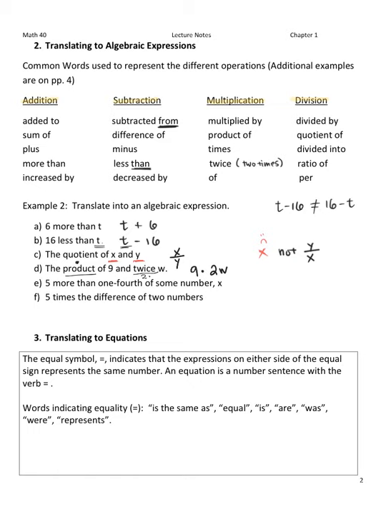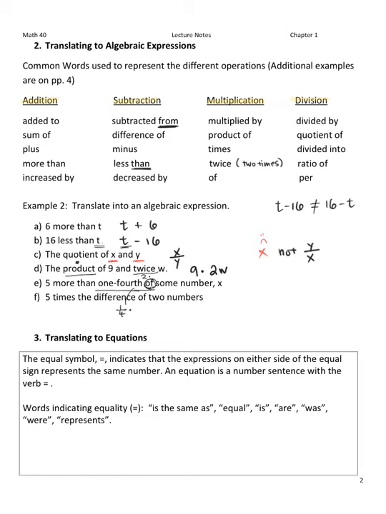All right, next one. 5 more than 1/4 of some number x. Notice that 1/4 has the same implied operation as twice. But instead of doing 2 times, we're doing 1/4 times. The word of is kind of a good indicator as well.